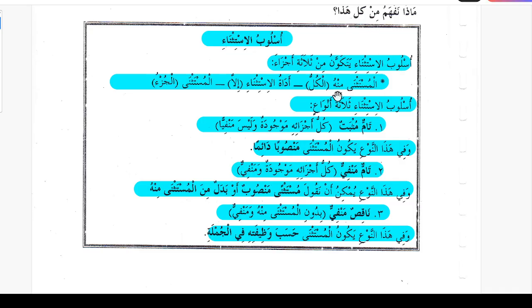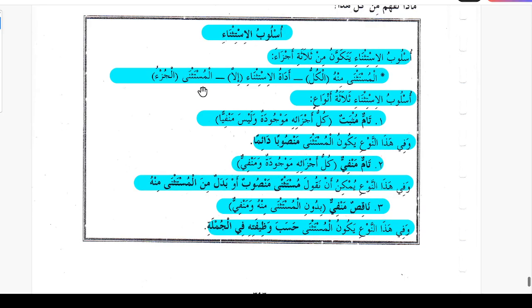Al mustasna minhu, the whole. Adatul istisna, the tool, illa. Well, al mustasna, the part where the further exception is made. So the mustasna is the part of the whole.